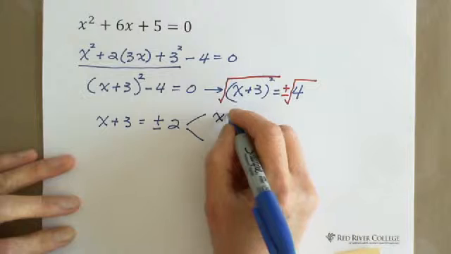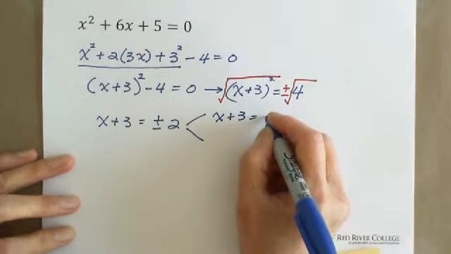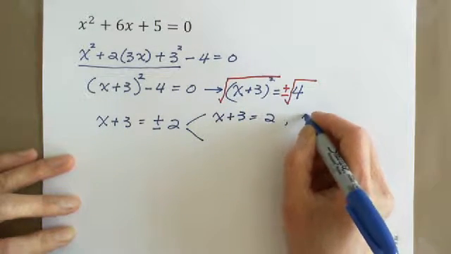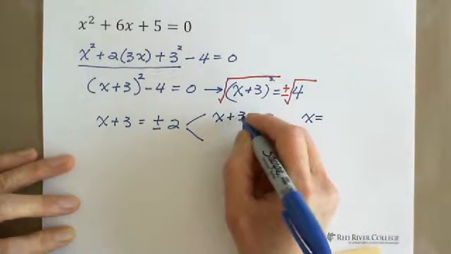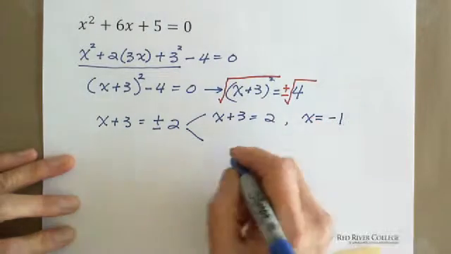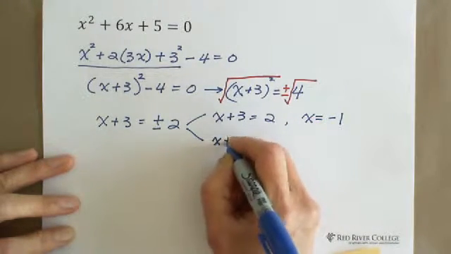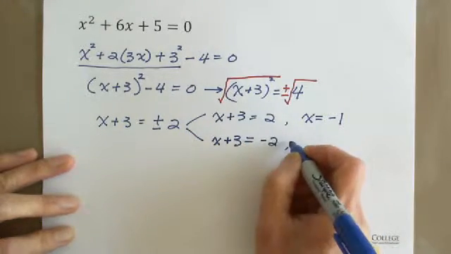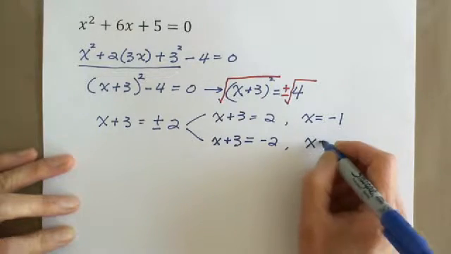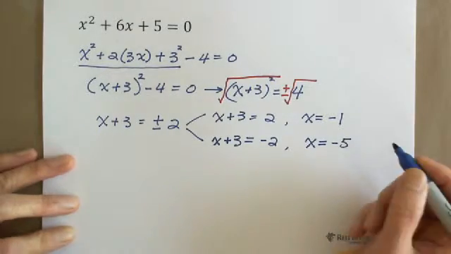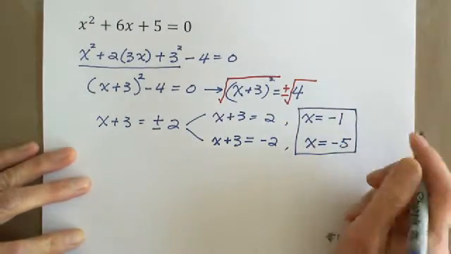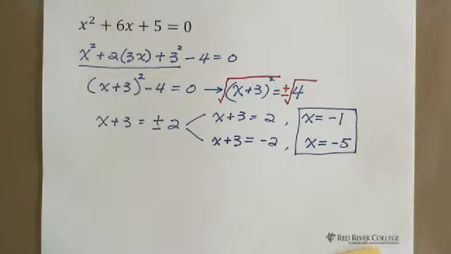One: x plus 3 equals positive 2, so moving 3 to the other side, x equals 2 minus 3, which is negative 1. Another: x plus 3 equals negative 2, and moving 3 over, x equals negative 5. So this is the solution. This is the first example.